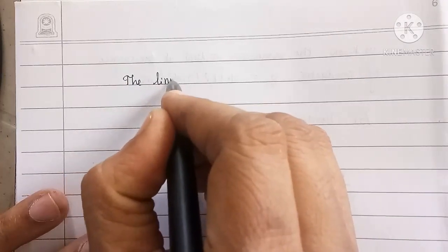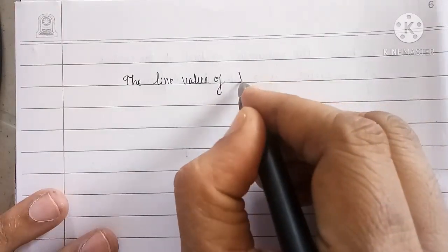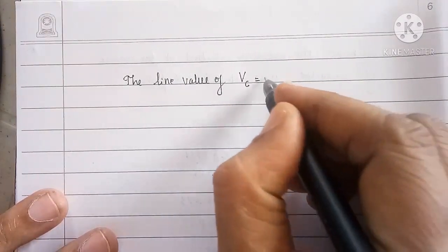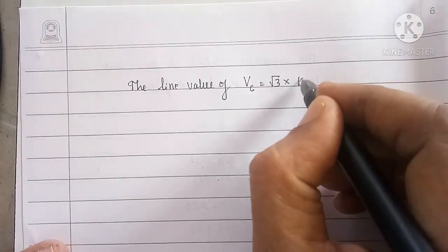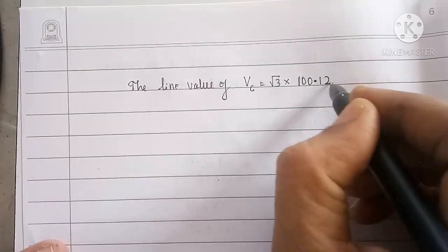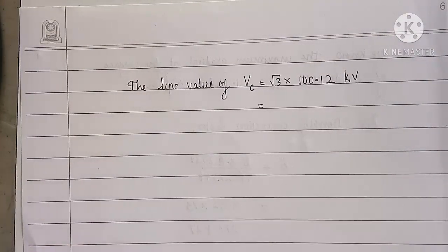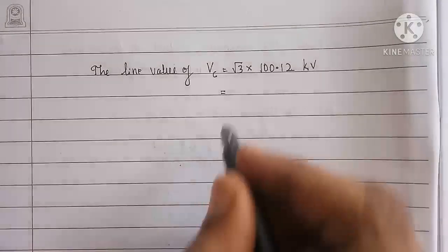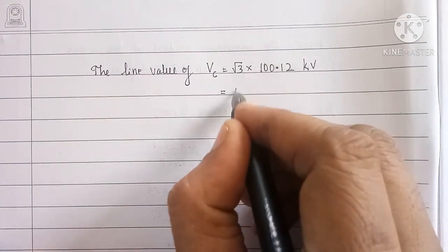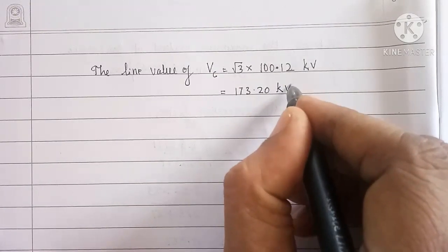The line value of Vc is equal to root 3 into 100.12 kV, that is equal to 173.20 kV.